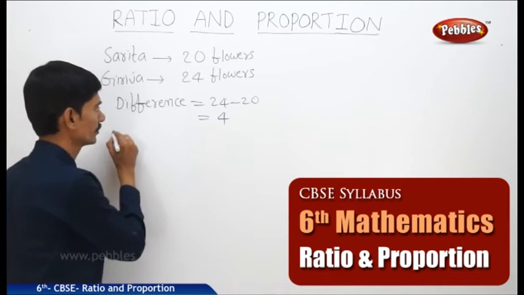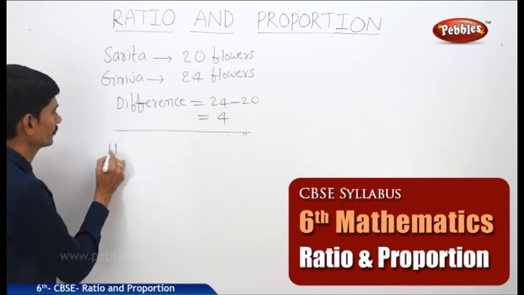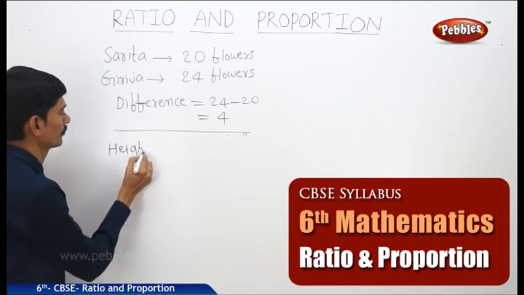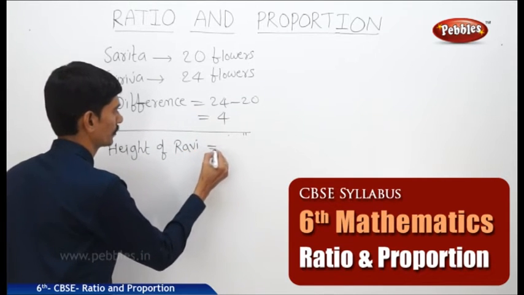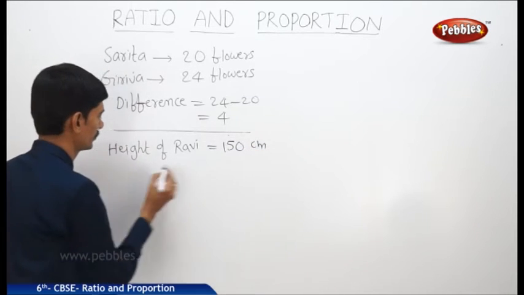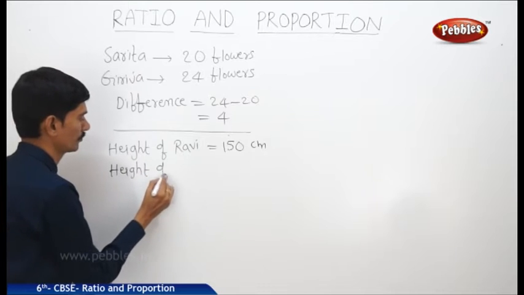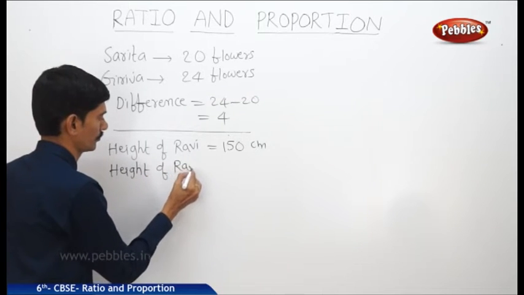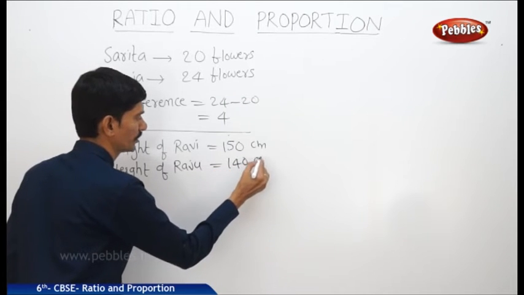Now let us take another example. The height of Ravi equals 150 centimeters and the height of Raju is 140 centimeters.